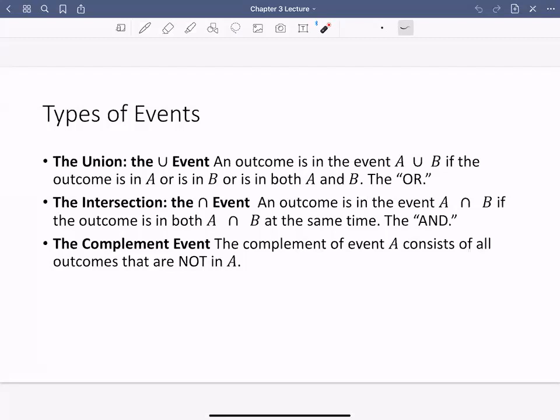The intersection, which I will call the and, I will say it is A and B. And the outcome has to be in both A and B at the same time. All right.